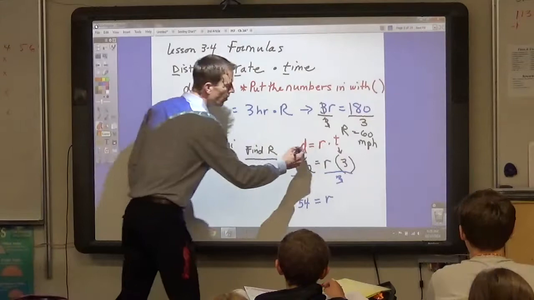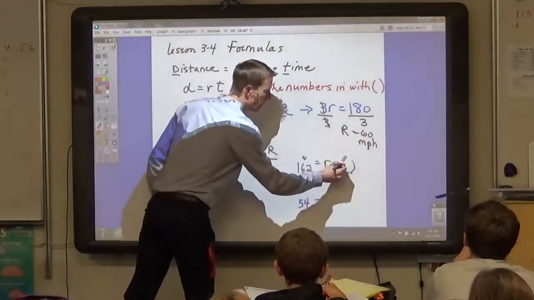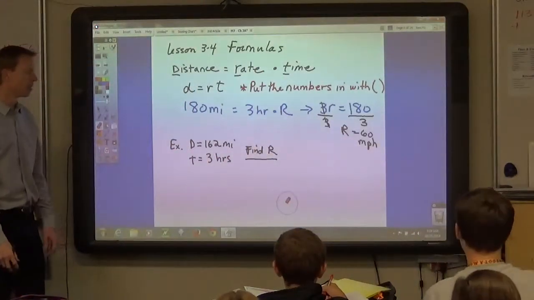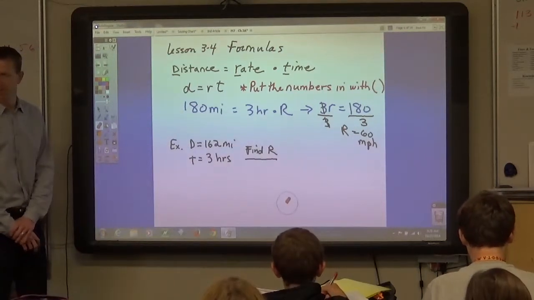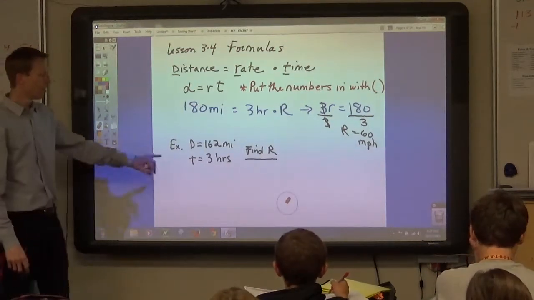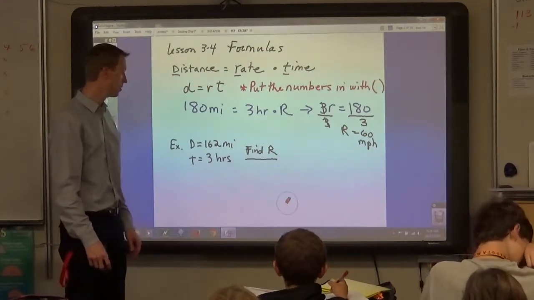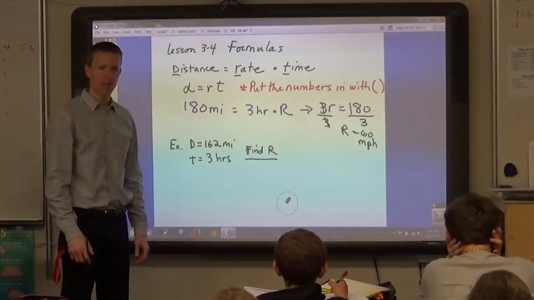So, you might be given a formula or some information like this. Like in this example, how would you set this up? You're given a distance of 162 miles and a time of 3 hours.